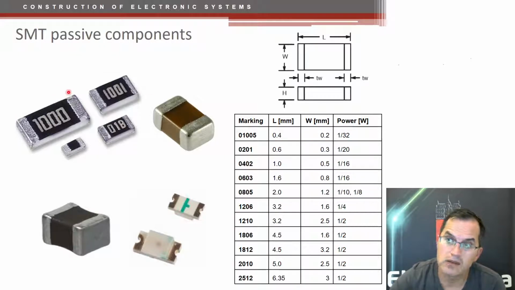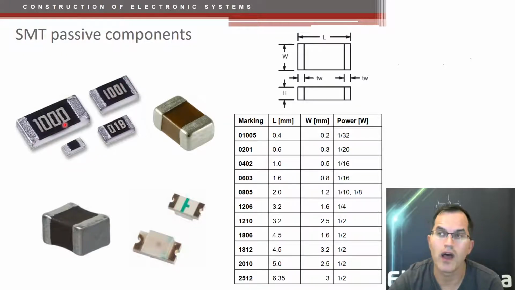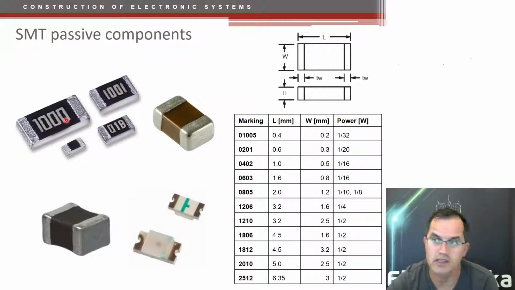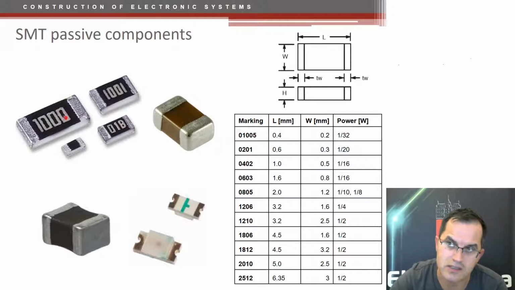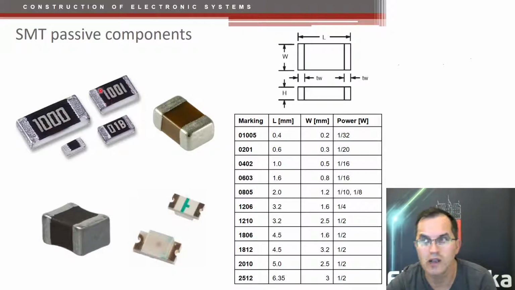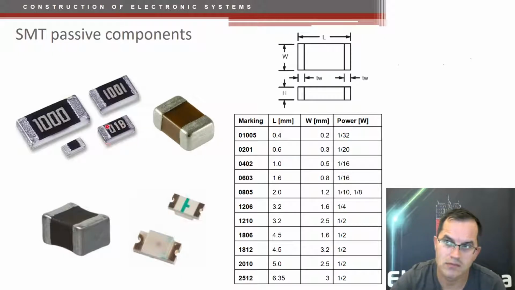Resistors at least are still marked with some values. 1000 is 100 ohms, because the last digit is the exponent, or number of zeros. So 100 and number of zeros is 0, so that 0 doesn't exist. This is 1 kilo ohm, and this is something completely unknown, and you have to check it on the website. Smaller ones are not marked anymore because you can't see it.